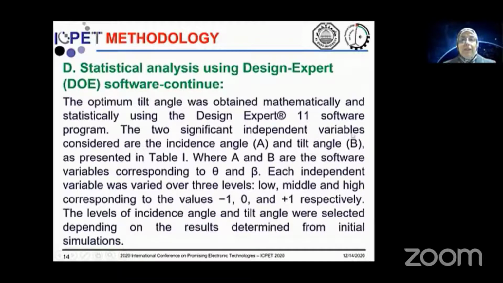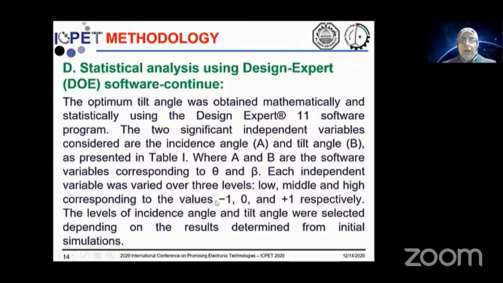The 2 significant independent variables considered are the incidence angle A and the tilt angle B, as presented in Table 1, where A corresponds to theta, which is the incidence angle, and B corresponds to beta, which is the tilt angle. And we have 3 levels: low, medium, and high.